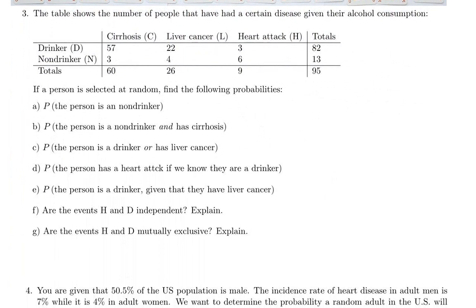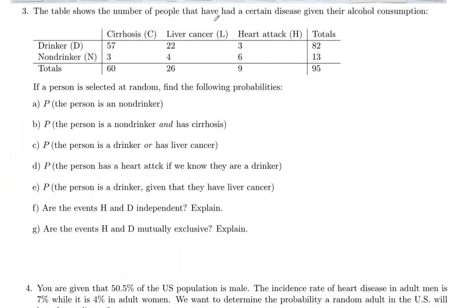And then in number 3 here, we've got a table that shows the number of people who have a certain disease given their alcohol consumption. So we've got drinker versus non-drinker, number that have cirrhosis, liver cancer, and heart attack. And so we're trying to analyze and see if there's any patterns here. So first, if a person is selected at random, we want to find the following probabilities.